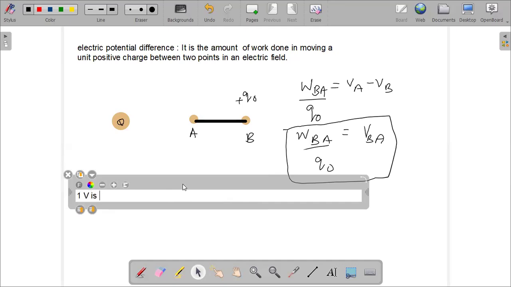So 1 volt is the potential difference when 1 joule of work is done in moving a unit positive charge.